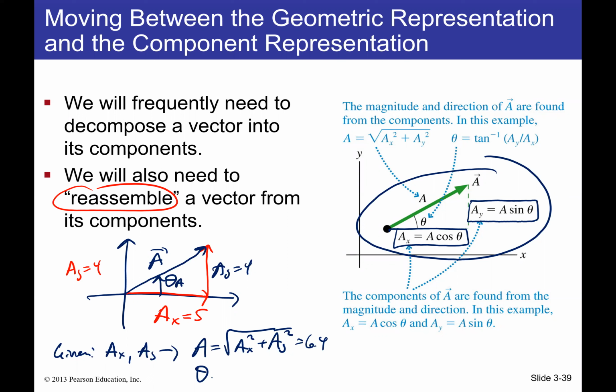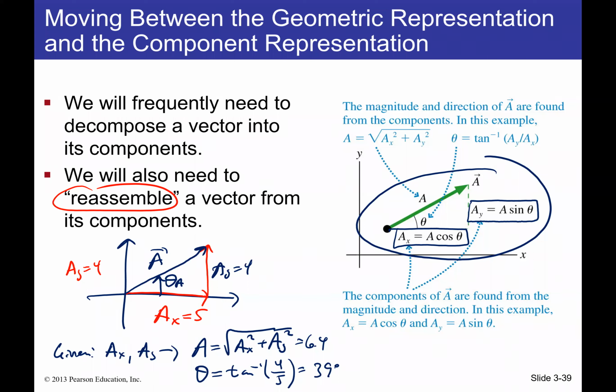And then for the direction, I can use any of the sine, cosine, tangent functions that I just drew. Let's say I use inverse tangent of 4 over 5 to find theta A. Inverse tangent of 4 over 5, I get 39 degrees. And that's what I have.